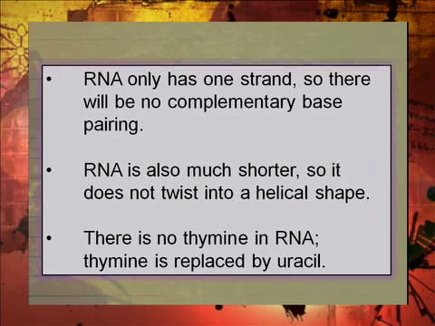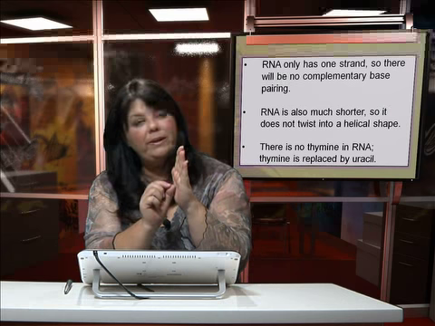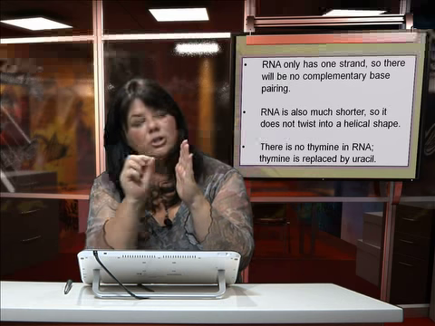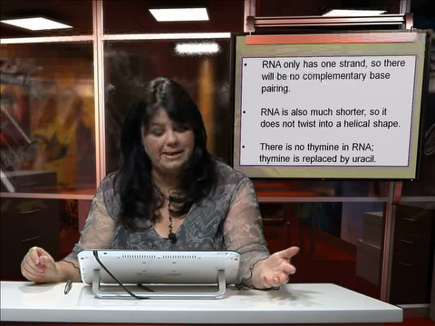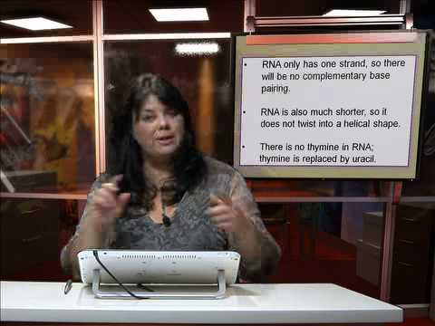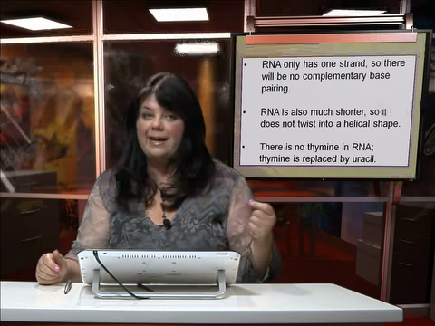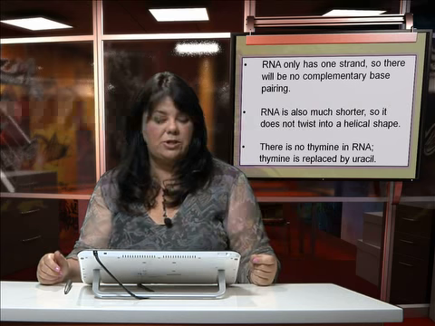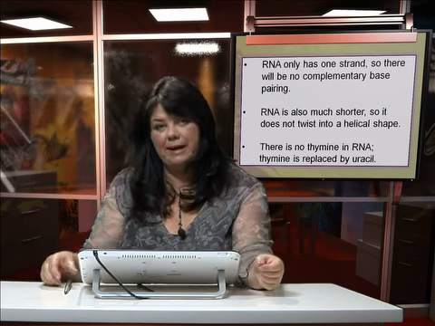You'll simply have the sugar phosphate backbone with the individual nitrogenous bases sticking out from it. No complementary base pairing. RNA is also much shorter, so it doesn't twist into that helical shape. And also very important, there's no thymine in RNA, thymine is replaced by uracil.